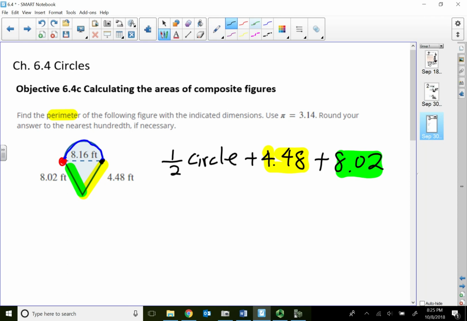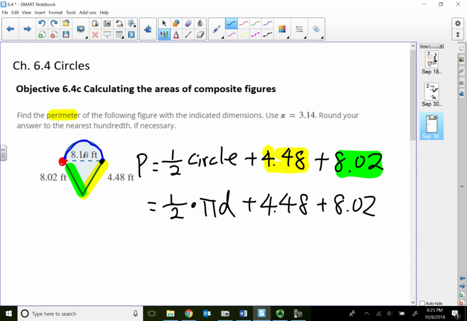Remember, I'm looking for perimeter. So for my half a circle, that will be half times the perimeter of a circle. What's the perimeter of a circle formula? Pi times diameter, right? Plus 4.48 plus 8.02.